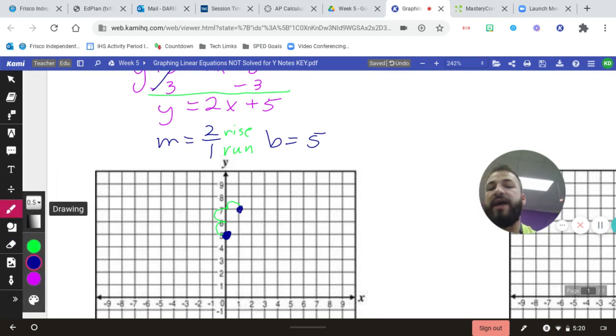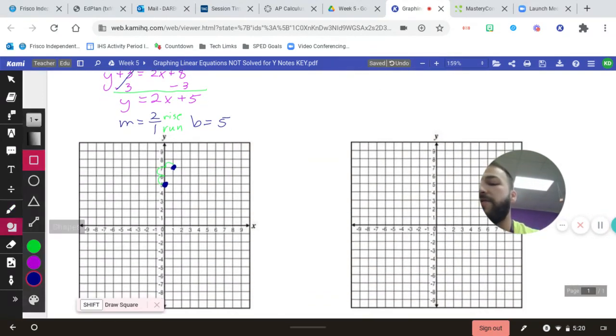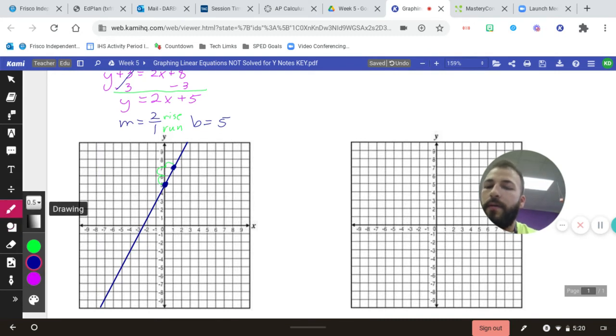All right, once I have my 2 points, I can then add in my line with arrows on the end. Just like so. Arrows and arrows.